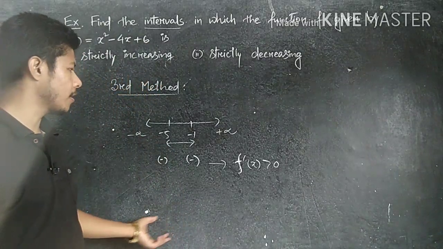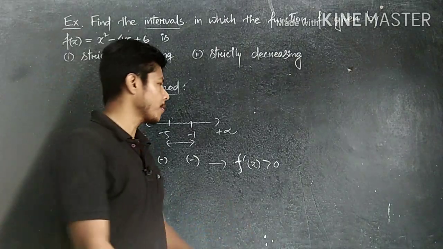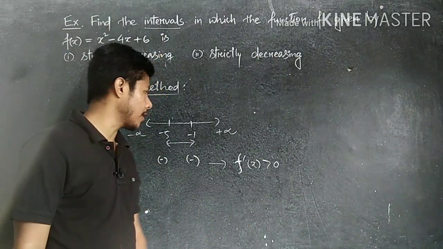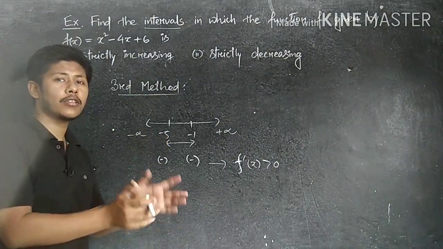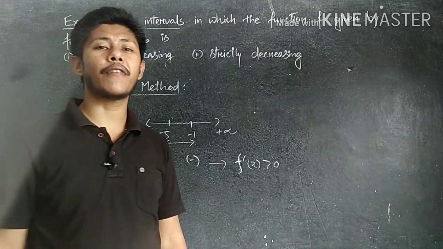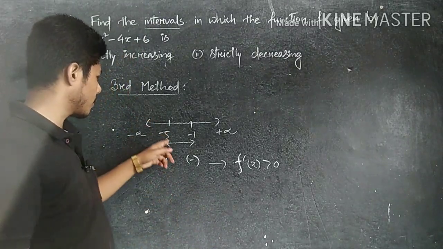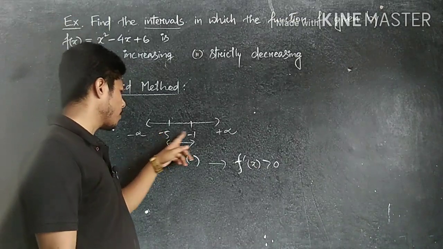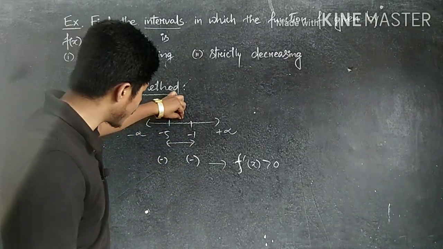So from here, in this way, we can write down the result. One of the easiest ways to find the result: if you are asked whether the function is increasing or decreasing in an interval, choose any one point in that interval and put it in f dash of x. Suppose you are asked between -5 and -1 whether it is increasing or decreasing, we just choose any one point here.